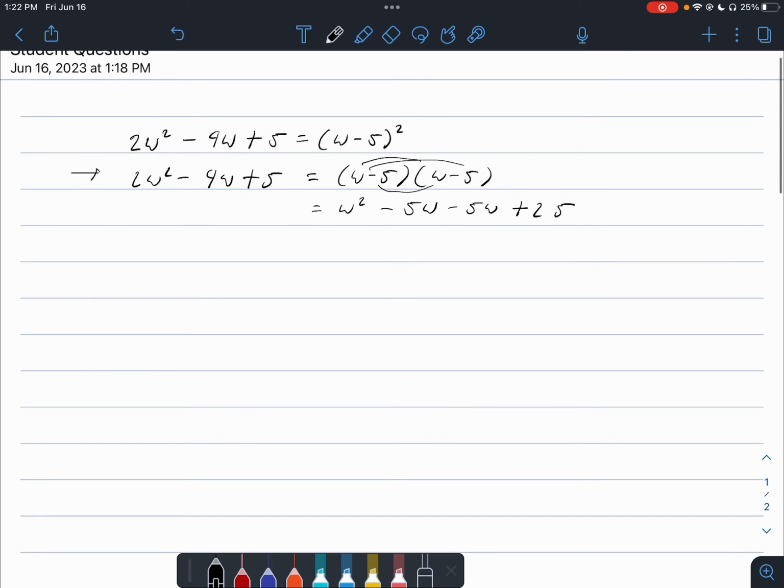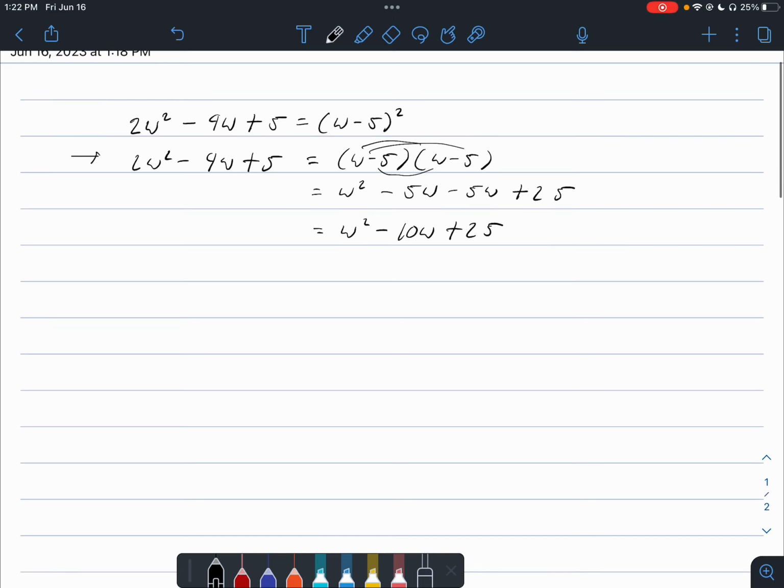Okay? And now we can combine our like terms on the right-hand side here. So we'll have w squared minus 10w, because we have a negative 5w minus 5w, so that's minus 10w, plus 25. Okay? And then now we can bring everything else down.